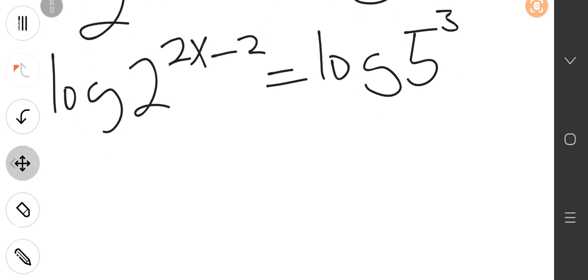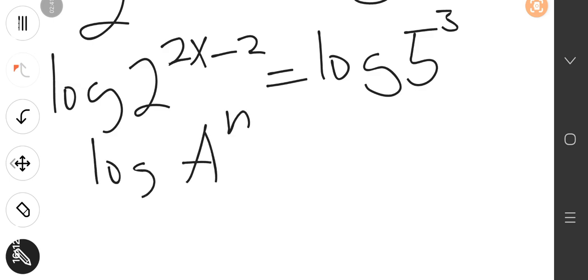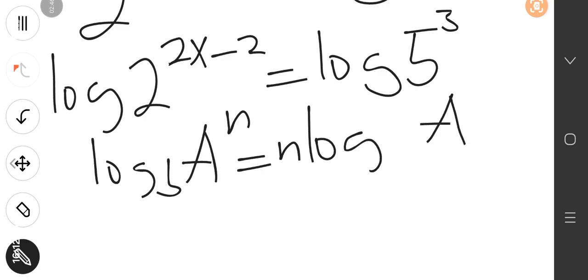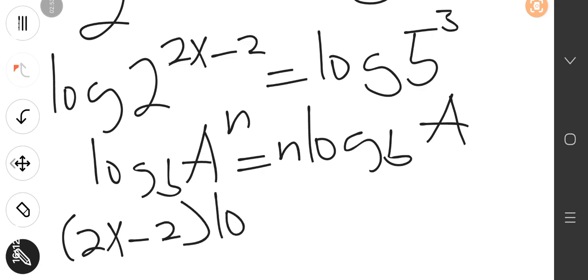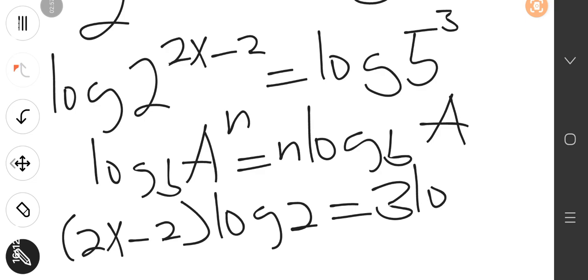Let's apply the logarithm definition here. So we say log a exponent n base b equals n log a base b. So our equation becomes 2x minus 2 times log 2 equals 3 log 5.